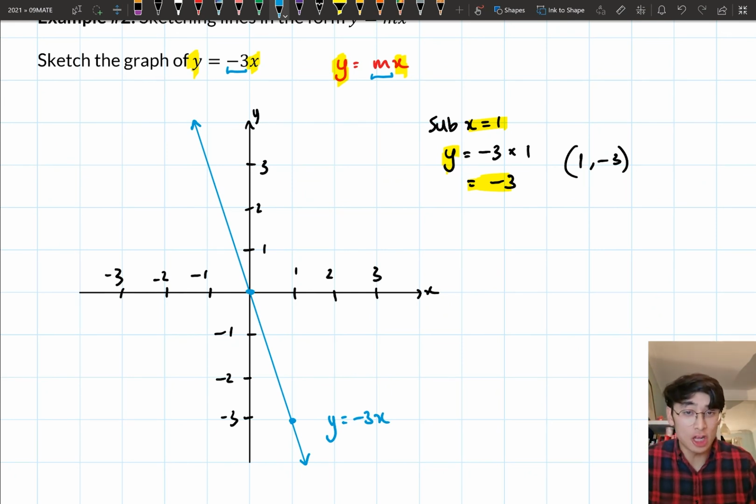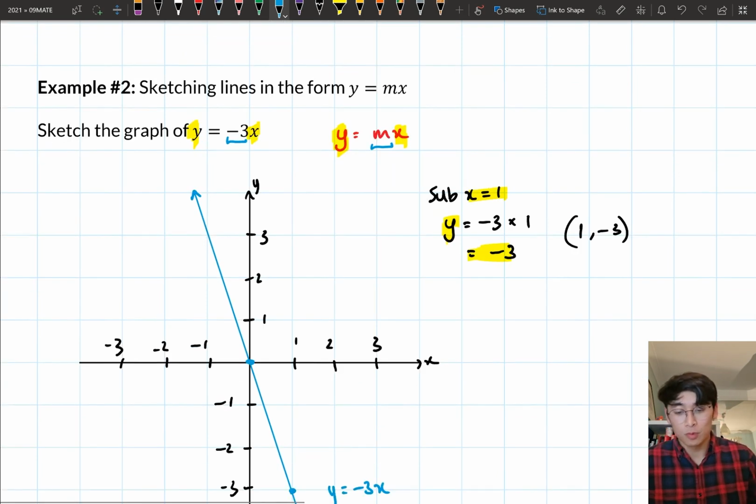So if we're sketching any linear relationship in the form y is equal to m times x, so a random number times x, what we need to do is firstly plot on the origin. And then after you plot on the origin, substitute x is equal to 1 or any other value and get a second point, plot that on the Cartesian plane, and then draw a line through it. So those are the 3 special linear relationships which only have one intercept.